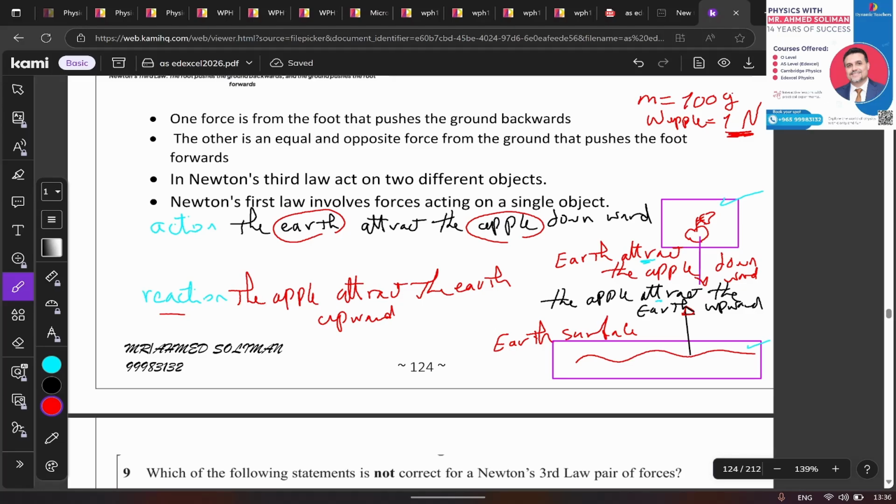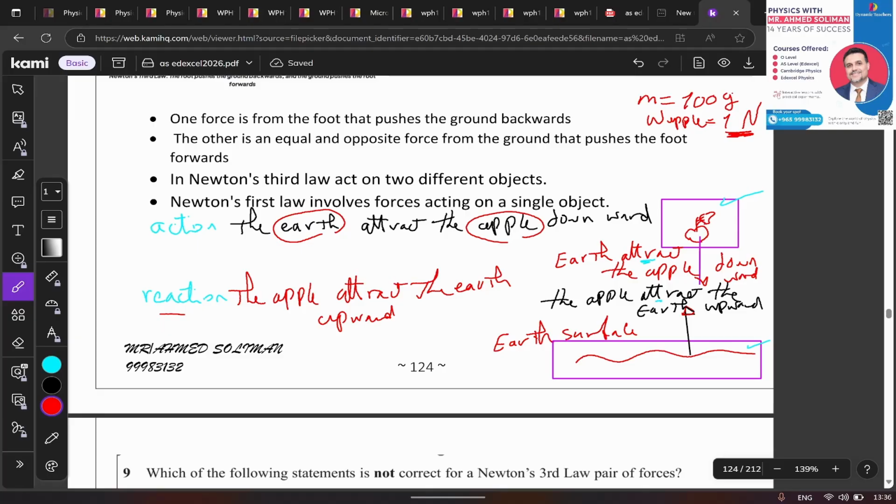But if one object has a very large mass and the second one is very small, the force is exerted, but there is no visible effect of it.